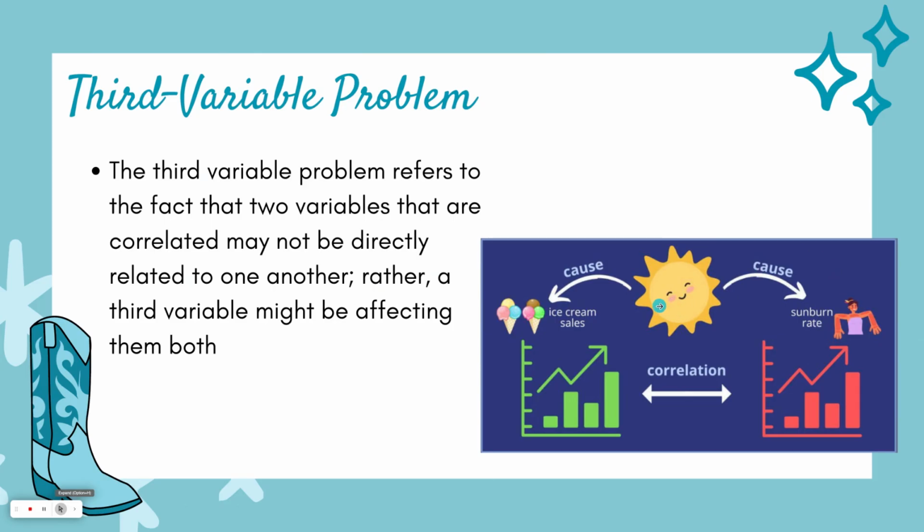So, summertime may lead to higher ice cream rates, and summertime, or it being hot outside, might lead to more sunburn rates. Hence, both of these individually are related more towards it being summer than they are to each other. So, this is a third variable impacting both of these.